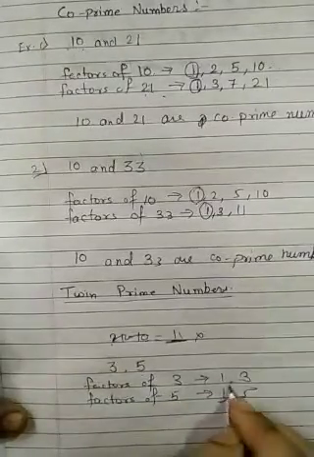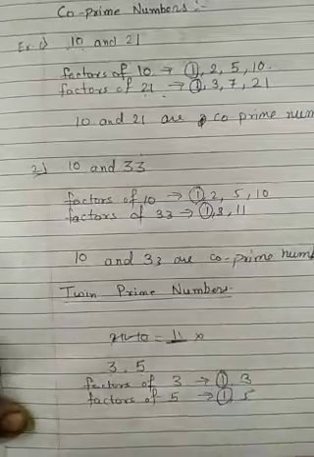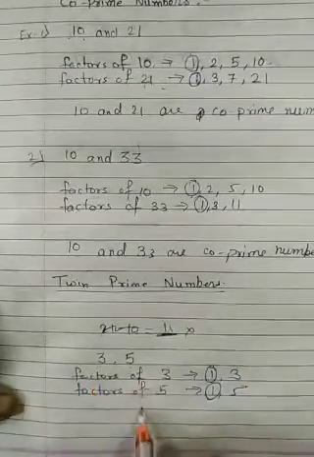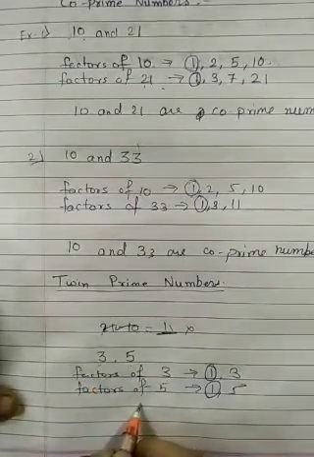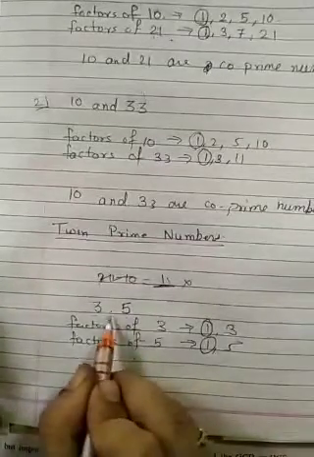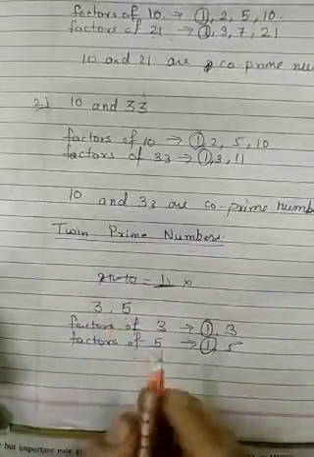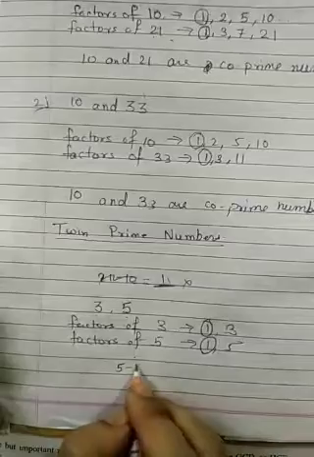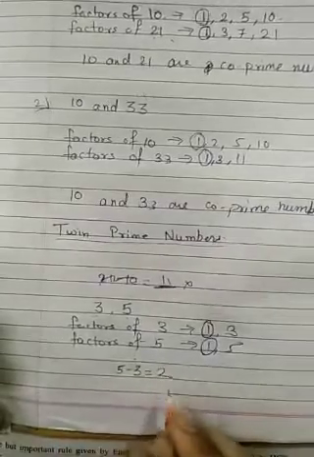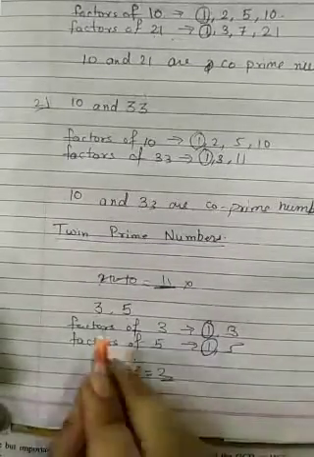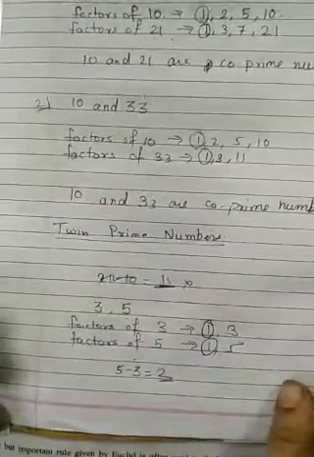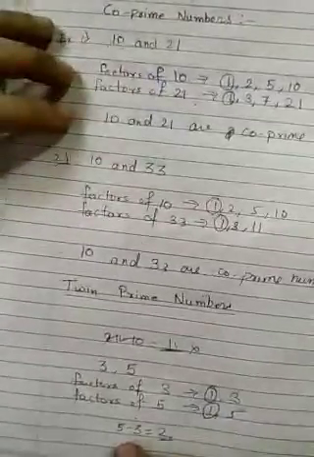The common factor is 1, so 3 and 5 are co-prime numbers. The difference between them, 5 minus 3, is 2. So 5 and 3 are twin prime numbers. Is it clear?